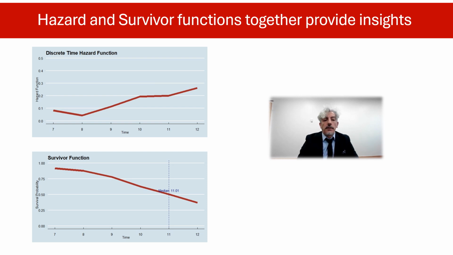And finally, plotting both functions together is also useful in providing insights into the phenomenon of interest. As I discussed, the two functions are linked, and this link can be seen by noting that in the first two grades of the study, the hazard function is low, and in the same years, the survival function remains relatively shallow.